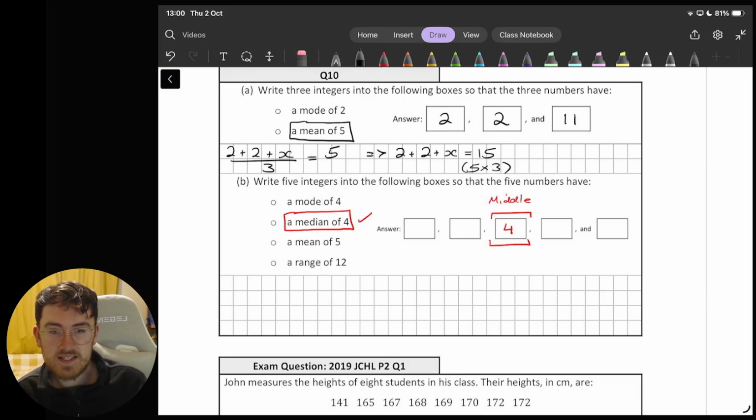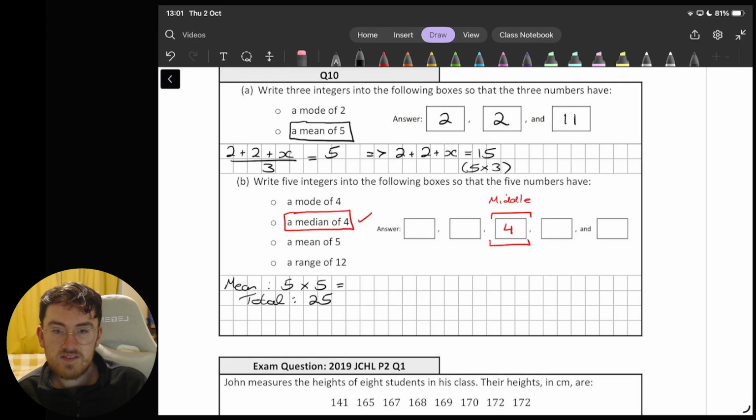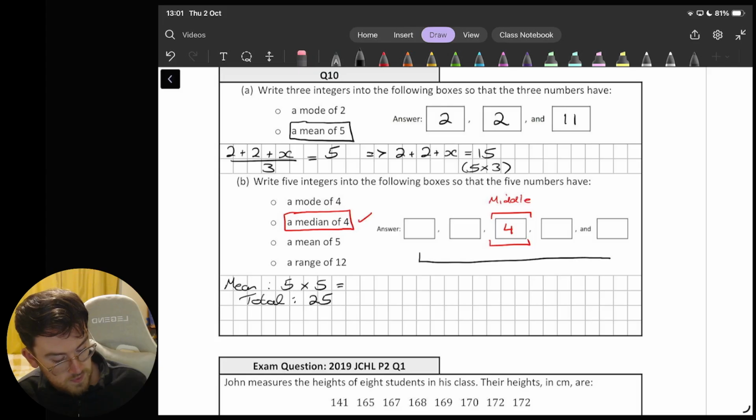I could decide to put that wherever I choose, really. We need a mean of 5, but there are 5 numbers, so the mean of 5 means we need a total of 25, and we also need a range of 12, which means the difference between these two needs to be 12. They need to be 12 apart from each other.